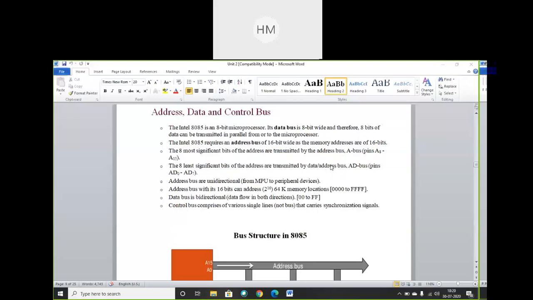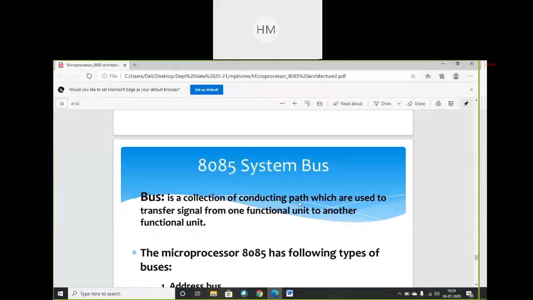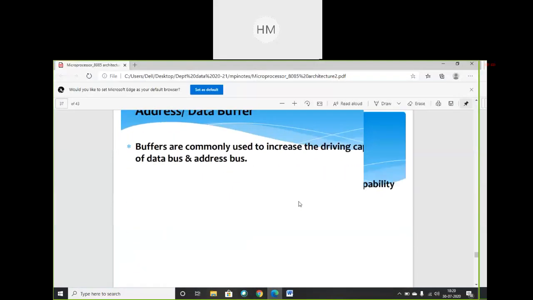We have started with the address, data, and control bus. Anybody remember? Anybody remember where we stopped that day? Because you had some webinar.